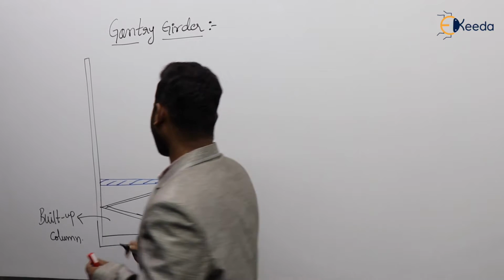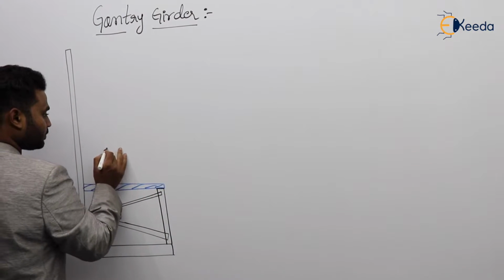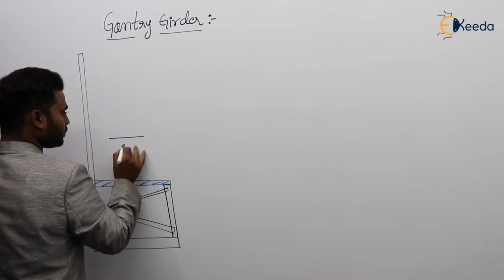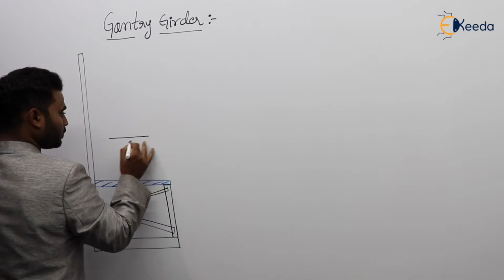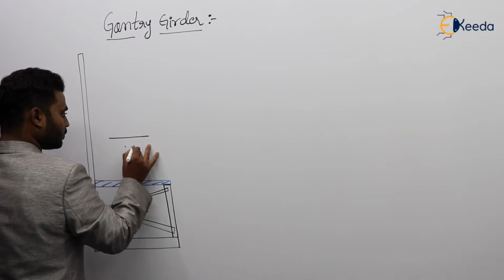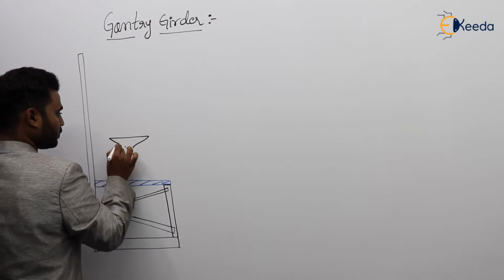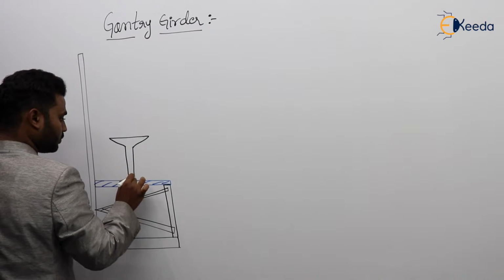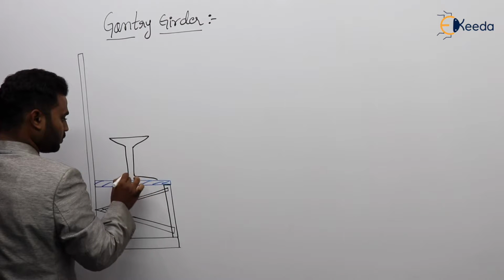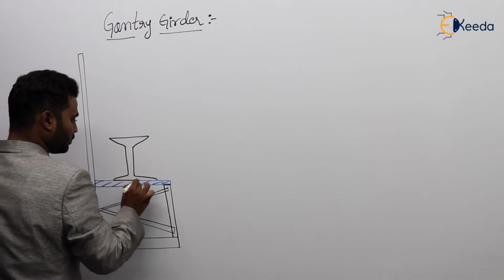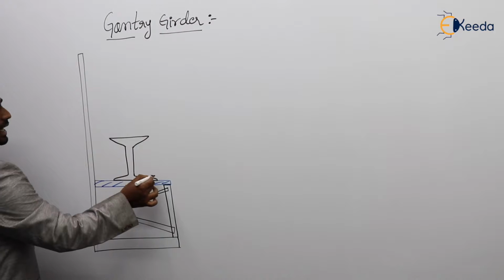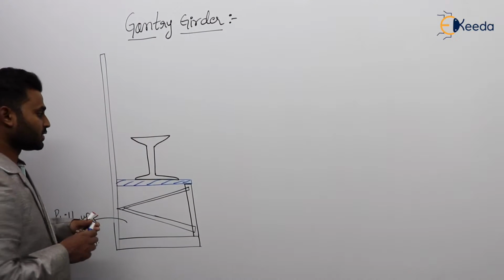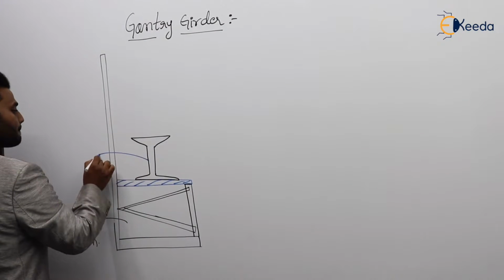Now let us see how it is. So this is our gantry girder. Gantry girder is also nothing but an I section. So this is the gantry girder.